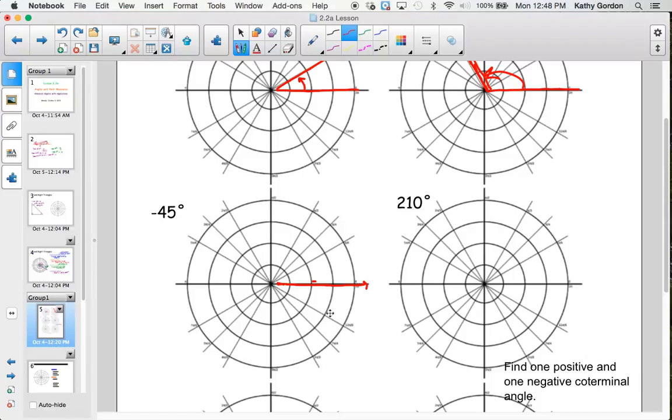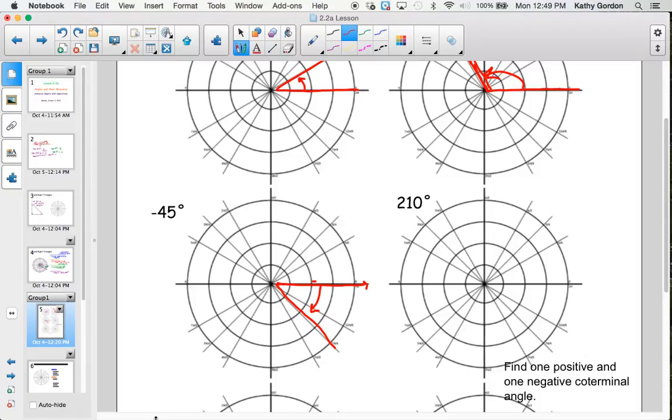Sometimes that works better. Where do you want to put your terminal side? I'm asking you. Maybe press just a little bit. There we go. Okay, and which direction did you go to get there? Okay, good. So this time we've got to go this direction because of it being a negative 45 degrees.